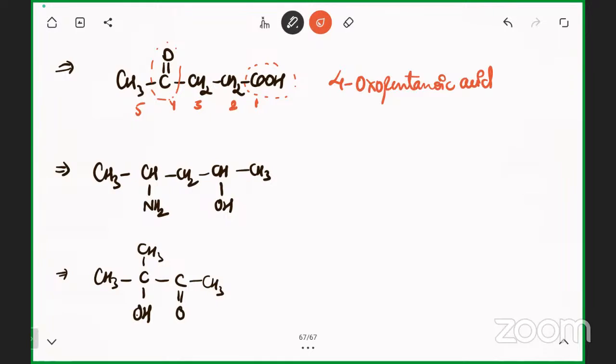Numbering from the right side or left side? NH2 is amine, sir. Amine isn't given in the priority order. When I wrote that priority order, I told you that after this, all the remaining functional groups are treated as substituents, so they have lesser priority.